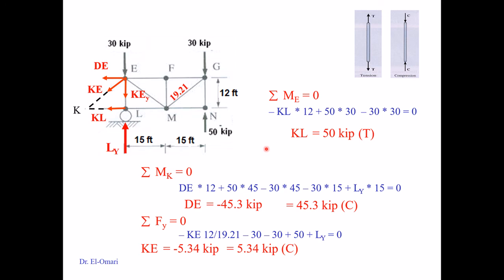Try not to use equations where you have unknowns that you calculated to find others. For example, I could have first found some of the forces and got this Ke, and then I got that KL, and then you go sum of the forces in x direction to find dE.